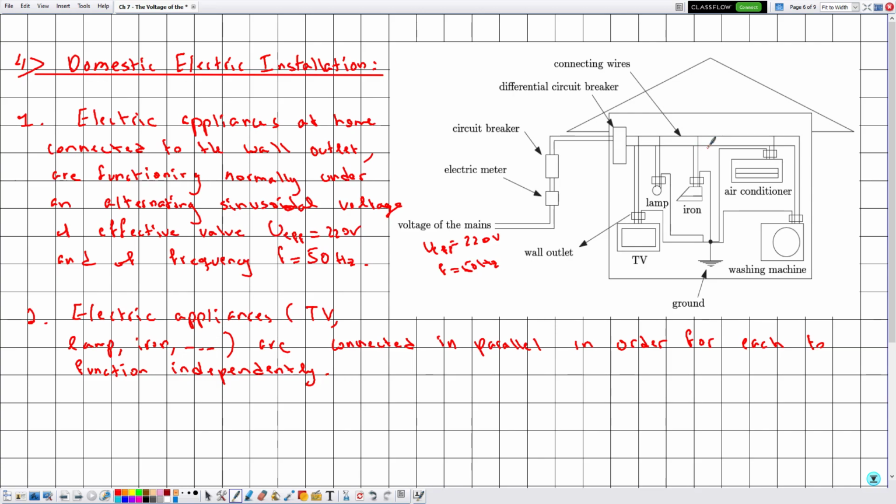So in another room we can switch the lamp on, so the functioning of the lamp in one of the rooms will not affect the functioning of another lamp that exists in another room. Okay, by this we mean that the functioning is independent.